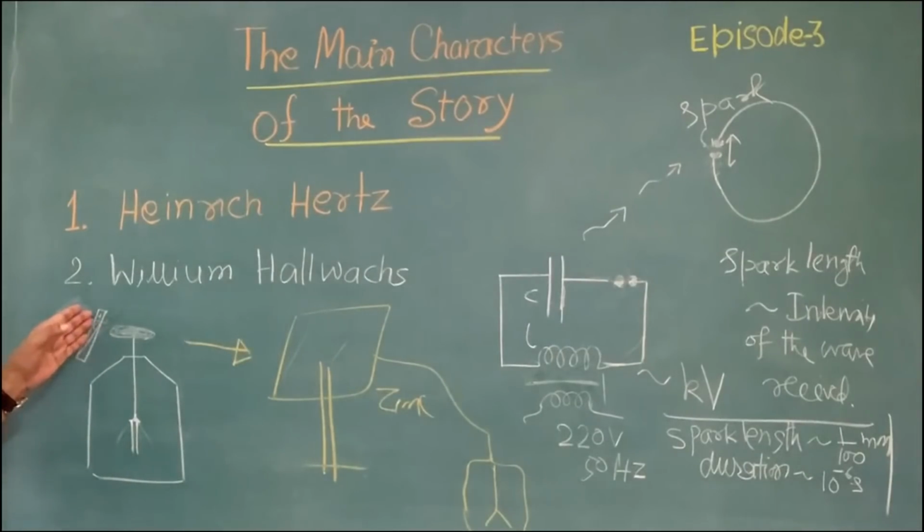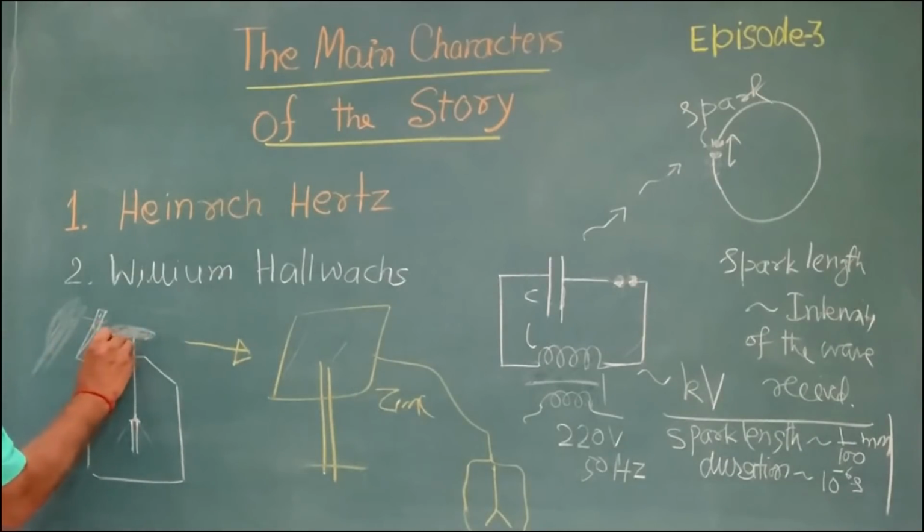Because of this positive charge you have an electric field, and in the metal you cannot have an electric field, so the electric field will exert forces on the free electrons and there will be a redistribution. The redistribution will be such that negative charges will appear on this side and positive charge will appear on this side. There will be charges on this rod also.